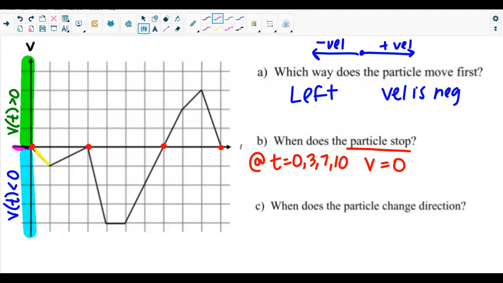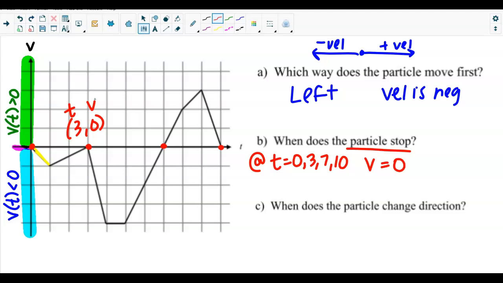We do not have an increasing or decreasing position. There's no change in position over change in time. If we take any of these ordered pairs, like this one, remember that's time and velocity. So at a time of 3, our velocity, our change in position over change in time, is 0.